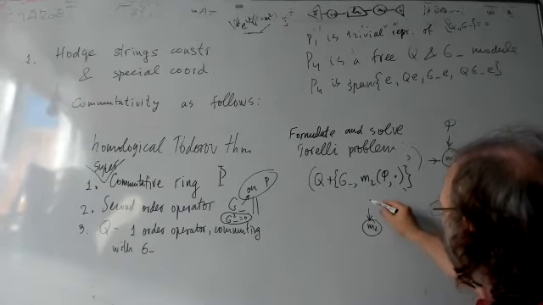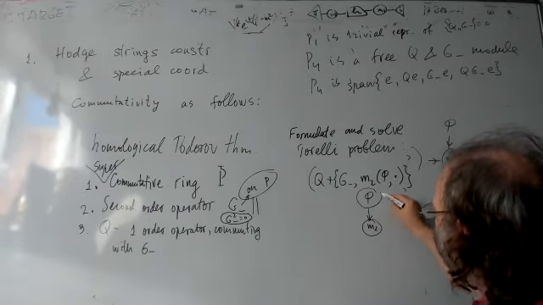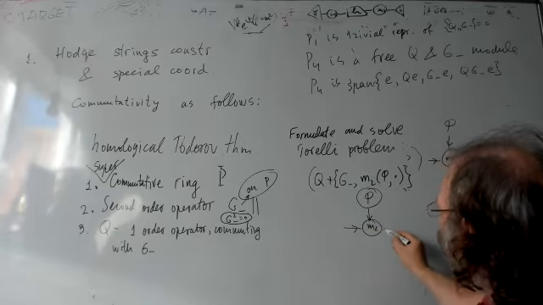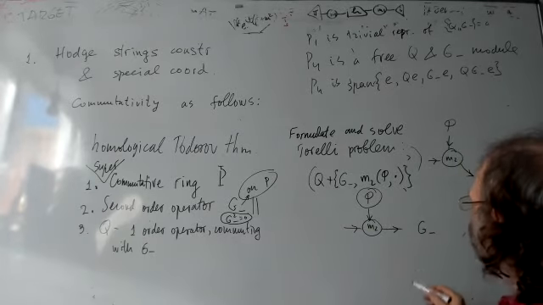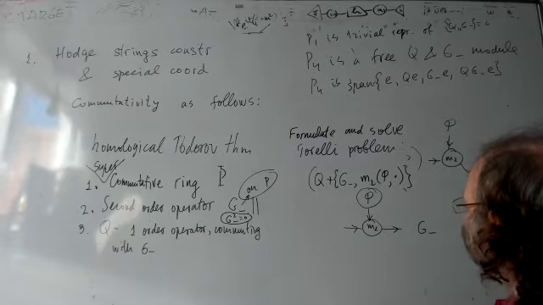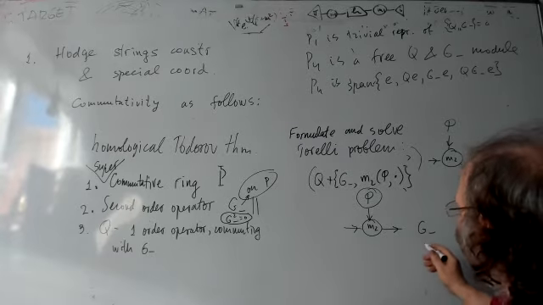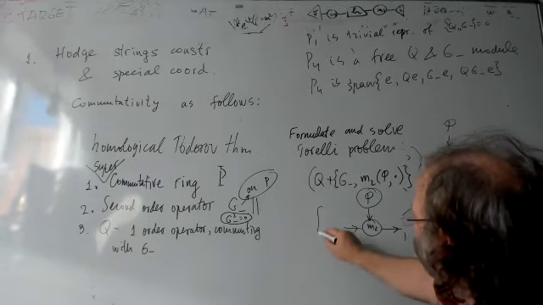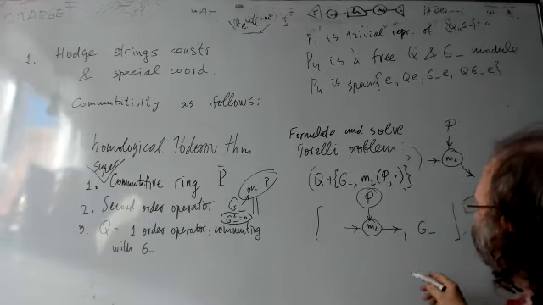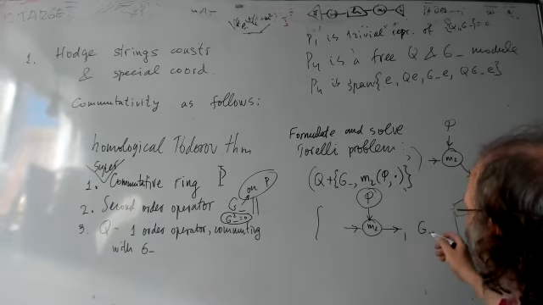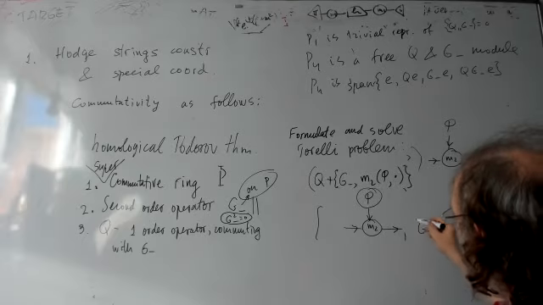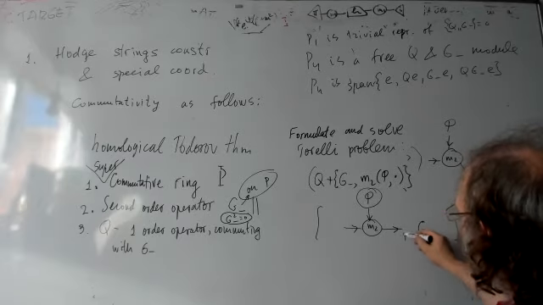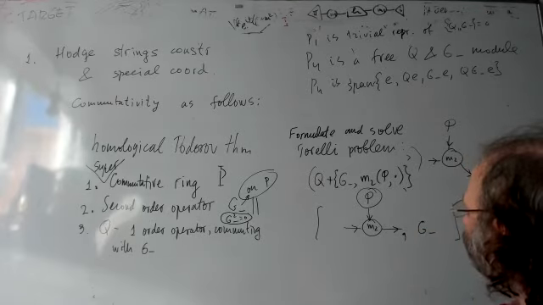You have M2, you have phi sitting here, you have an operator, and you have G minus, commutator. So when you have G minus, you note that G minus is not a first order operator.